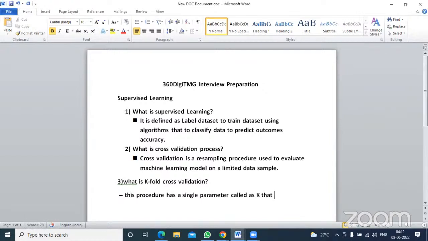K refers to the number of groups into which the sample data is to be split. Okay.